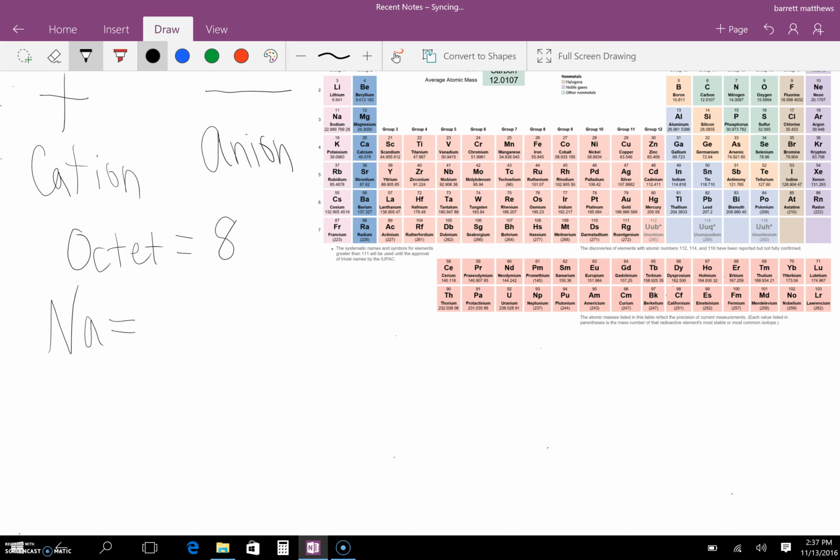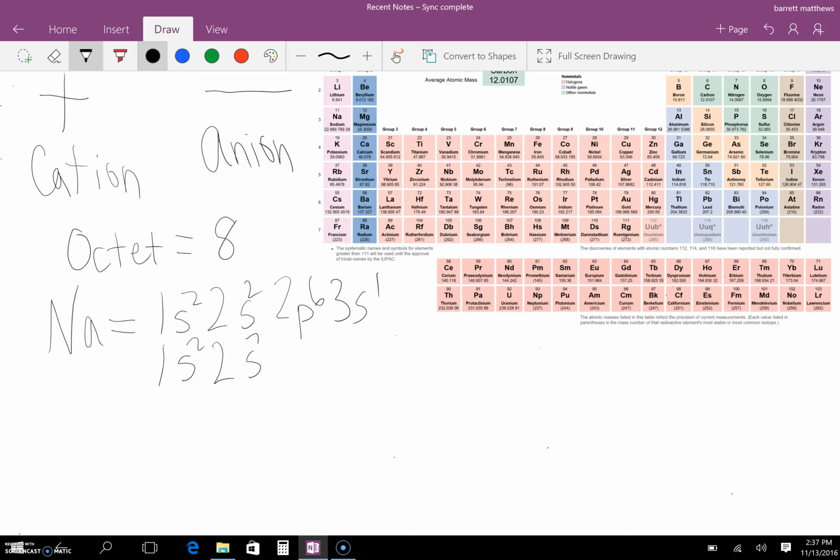So the electron configuration for sodium is 1s2, 2s2, 2p6, 3s1. To get to 8, sodium would have to get 7 electrons. This is very difficult. But if sodium loses 1 electron, it can get to a ground state of 8, which would be like the configuration of neon.